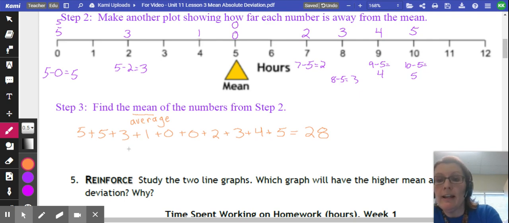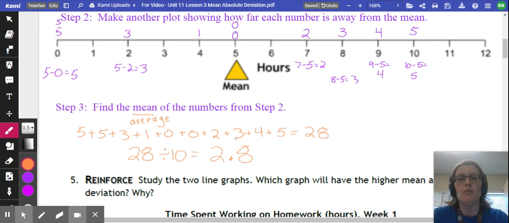And there are still 10 numbers because we were figuring out how far each of our numbers was away from 5. So there's still 10 of them. 1, 2, 3, 4, 5, 6, 7, 8, 9, 10. So we still divide by 10 to get that the mean absolute deviation is 2.8.